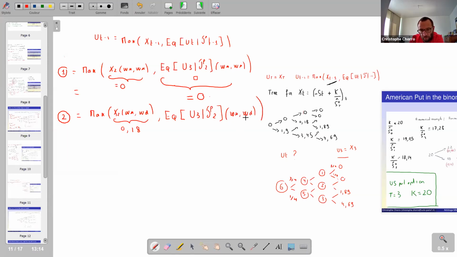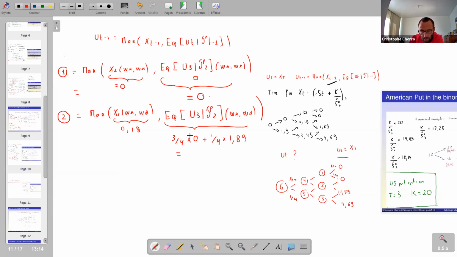What is this one? It's the conditional expectation of something that has these values here. So this term is equal to 3 over 4 times the 0 here, plus 1 over 4 times this term here, 1.89.